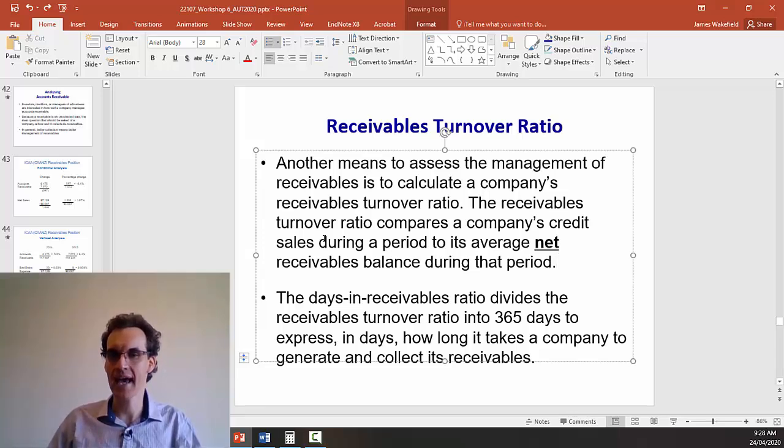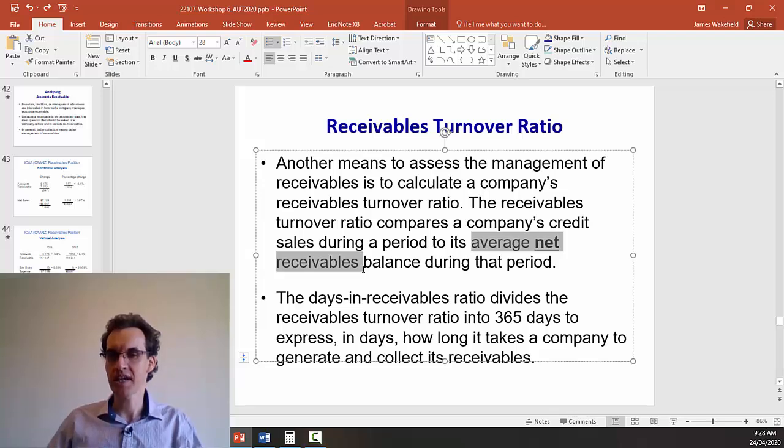So what we do in order to calculate this is we look at the business's credit sales for the period, and we divide those credit sales by its average net receivables for the period.